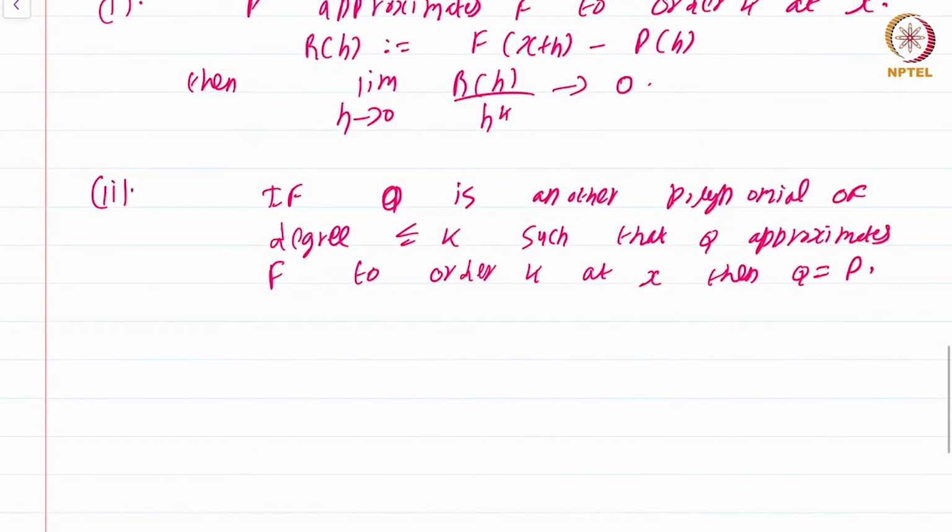That means there is only a unique polynomial which has the feature that it approximates f till order k.